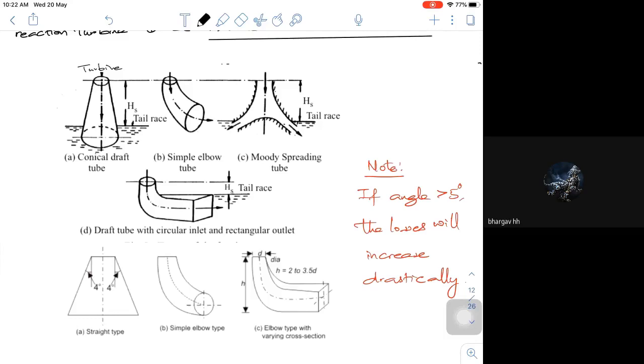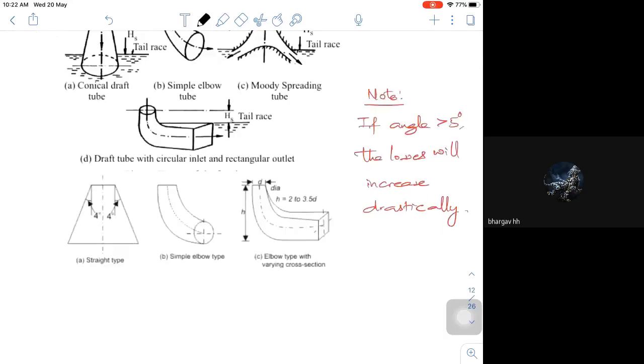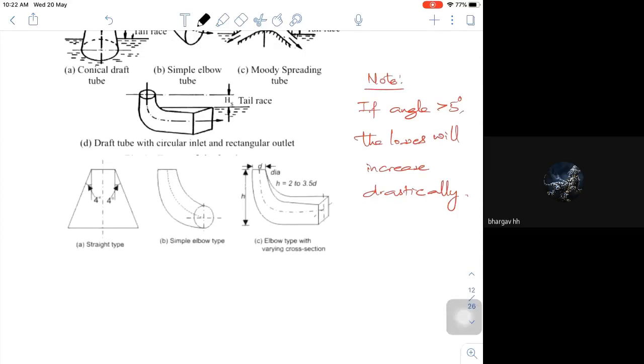Now, there are certain restrictions with respect to angles. What should be the angle of your draft tube? You can see I have written some numbers. If the angle is greater than 5, it will induce losses. Whether it is a single conical type or elbow type, this angle plays a role.